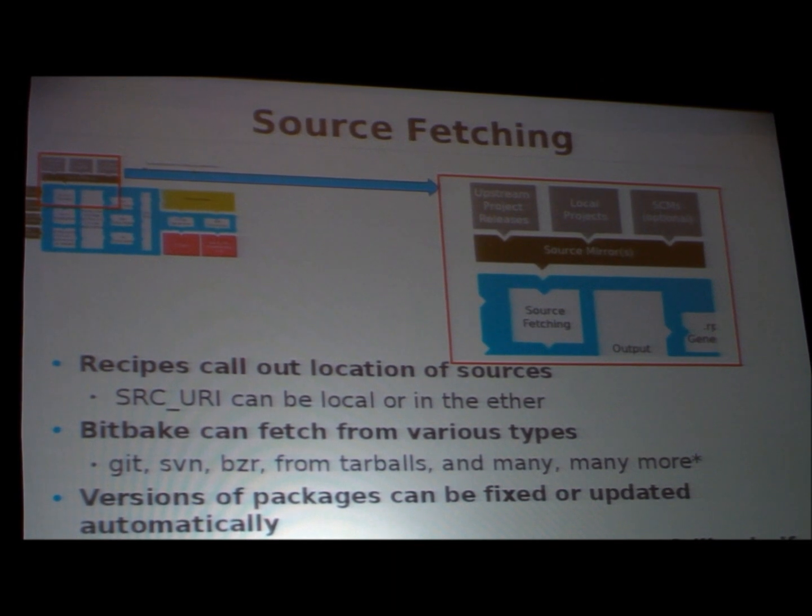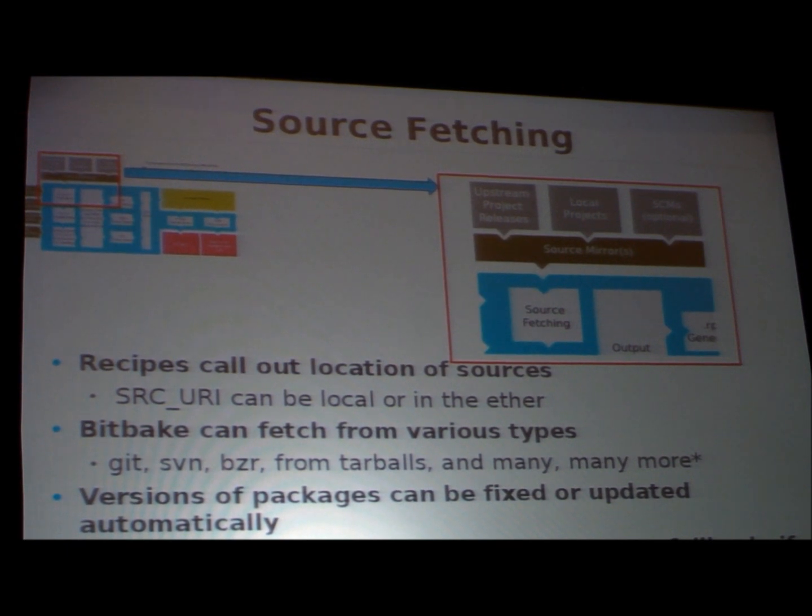There are a lot of different fetchers, as we refer to them, in BitBake. And the versions of packages can either be fixed. If you're creating your own distribution and you want to know that you have version X of this package, you can set that in your distro configuration, or update it automatically if you want to always stay ahead of a particular SCM type environment.